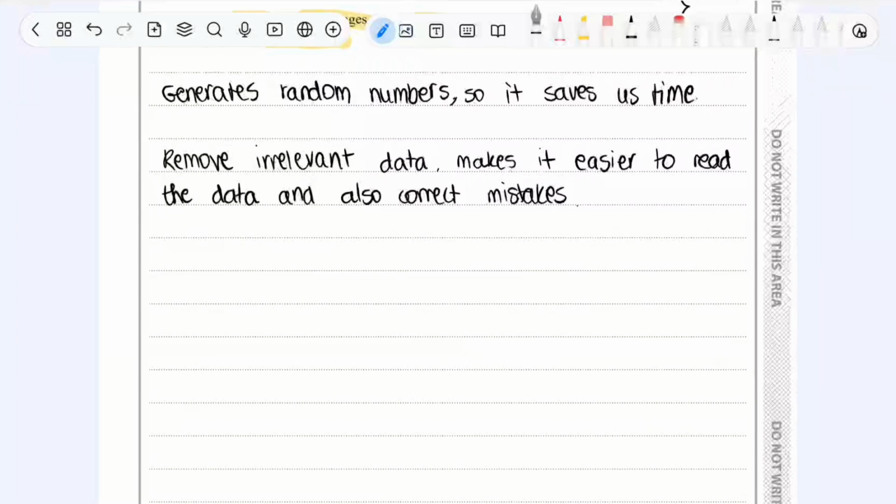And the next part is that technology can remove outliers. And while the mark scheme doesn't say appropriate, sometimes you just genuinely have a piece of data which might seem like an outlier, but it's not actually an outlier.